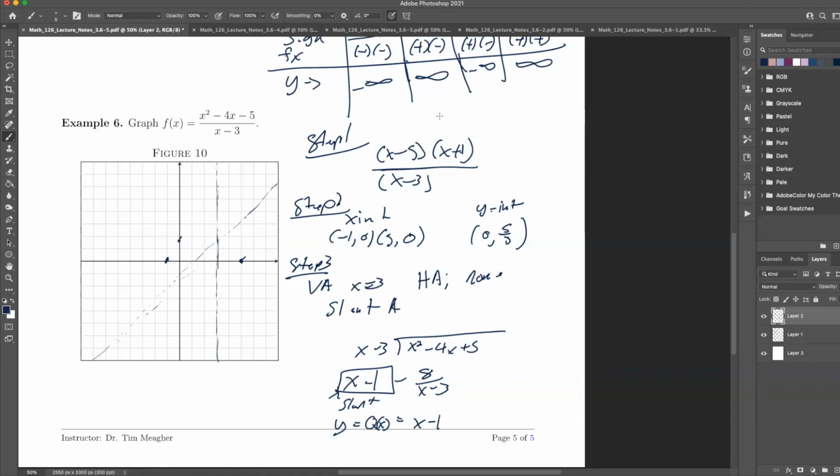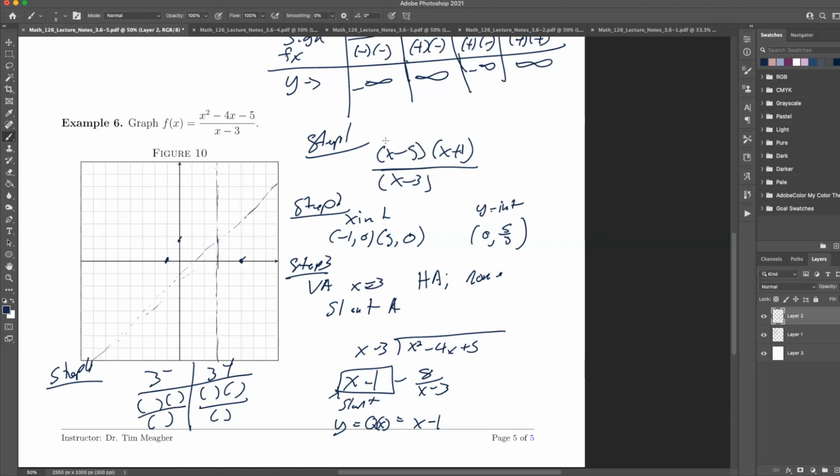All right, so now all we need to do is determine our behavior. So let me put stuff over here. So here we'll have 3 minus, 3 plus. And here's just an abbreviated version.